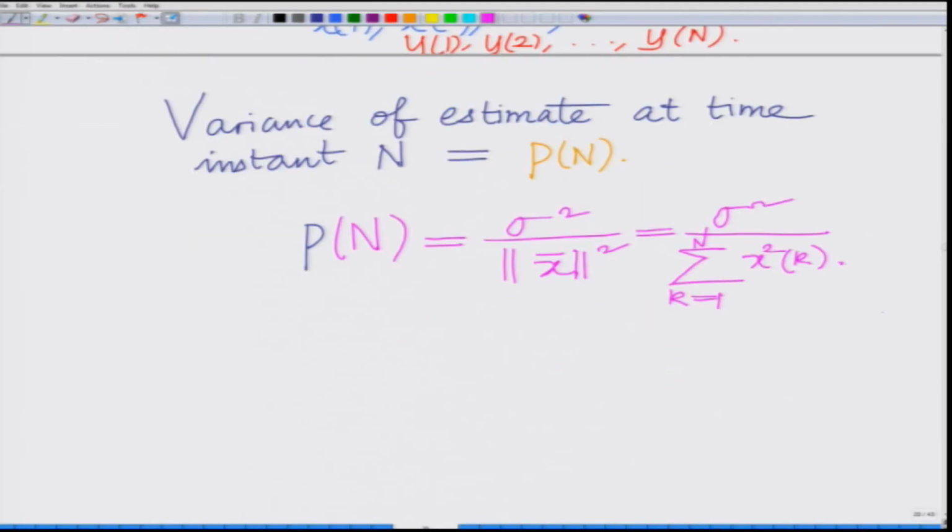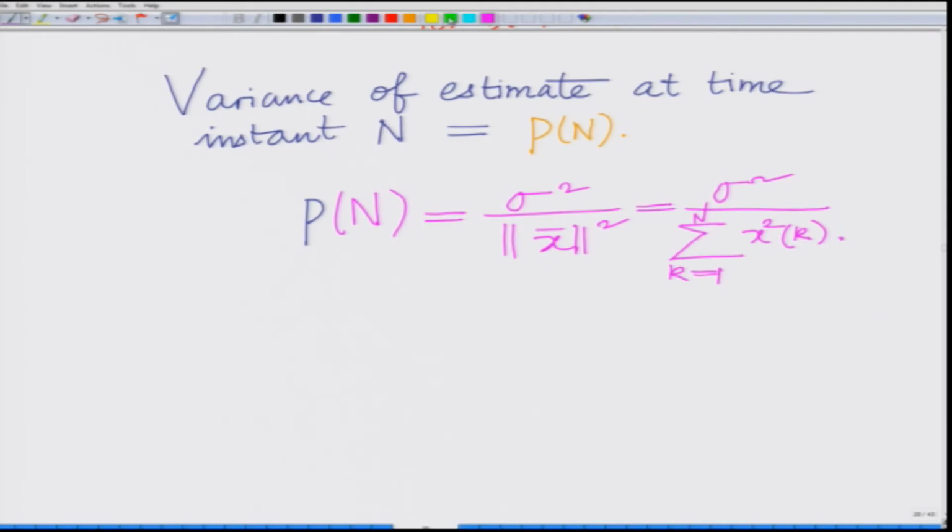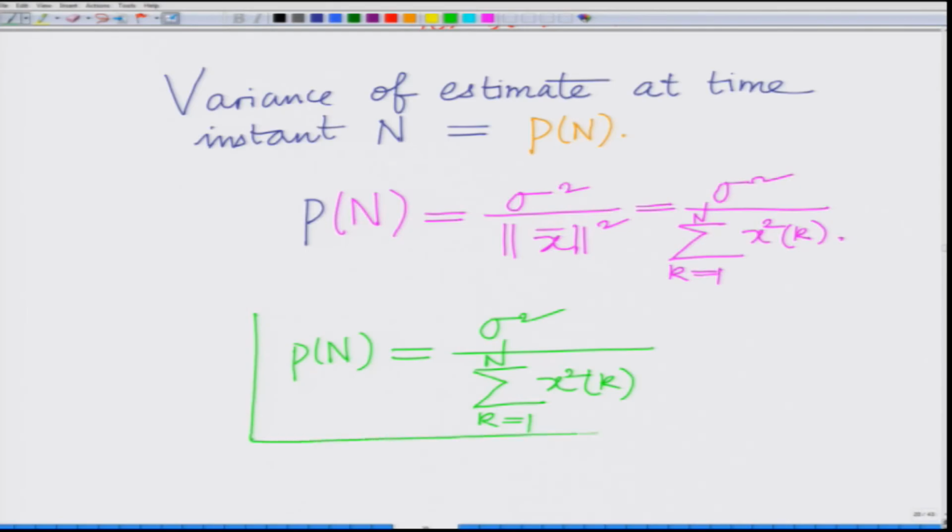So, your P of n, the variance at time instant n, equals sigma square divided by summation k equal to 1 to n x square of k, and this is the variance of the estimate at time instant n.